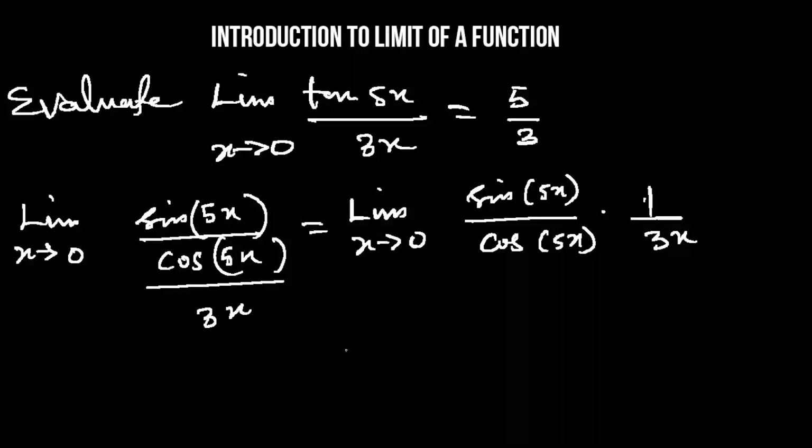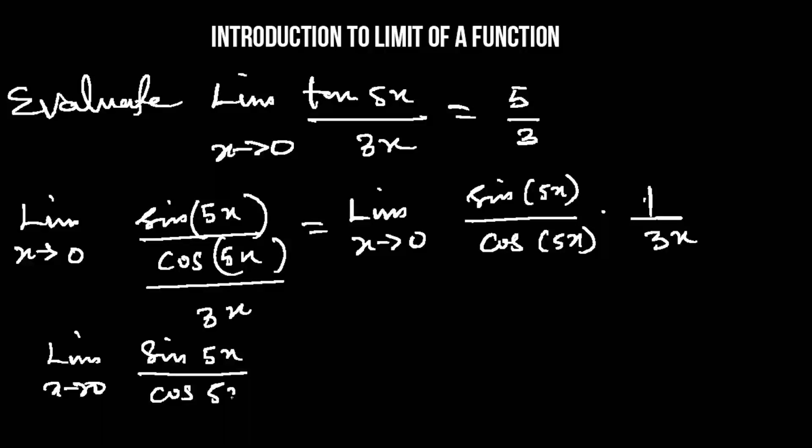The next thing I want to do is to get what we usually get, that is sine of 5x over 5x. That's what I want to achieve now. So how do I achieve that? Very simple. I will just say the limit as x tends to 0 of sine of 5x divided by cos of 5x multiplied by 1 over 3x, then multiplied by 5 all over 5. Have you seen that now?